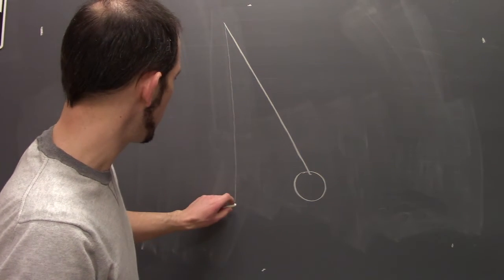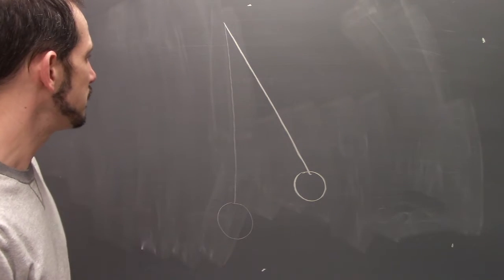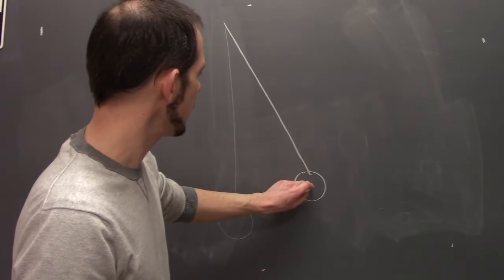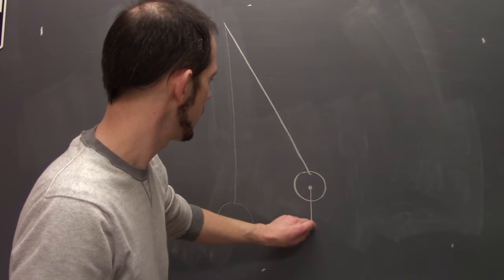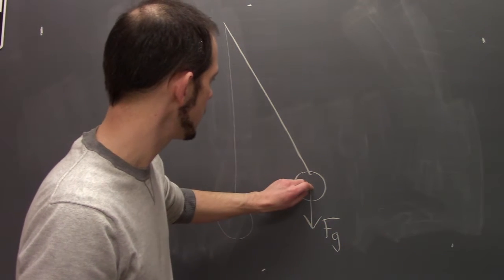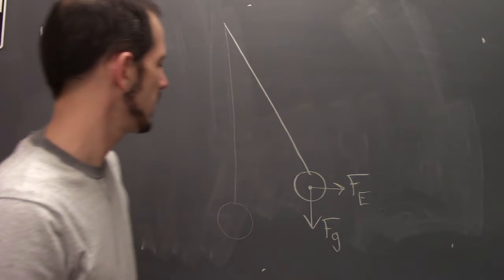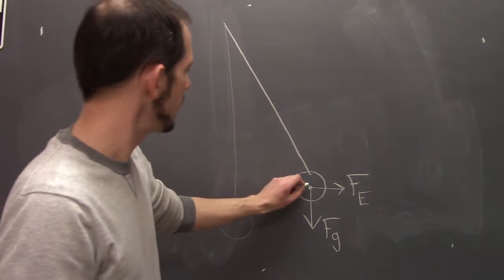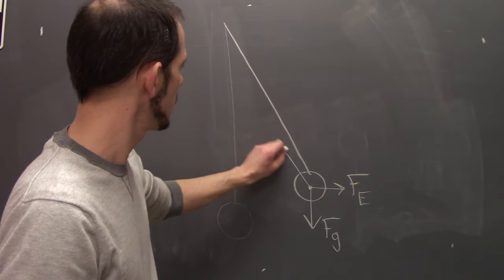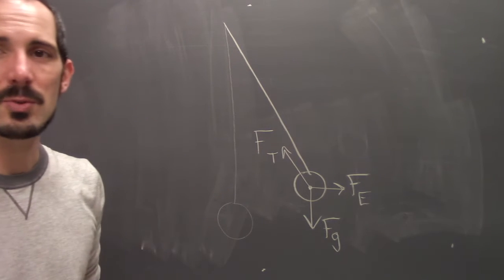And it's up a little bit higher than it might have been at this bottom location. Force-wise, though, we're looking at three forces. We have Fg, force due to gravity. We have a repulsion, so F sub E, the electrostatic force. And we're also going to have a tension force F sub T, that is up and to the left in this case.